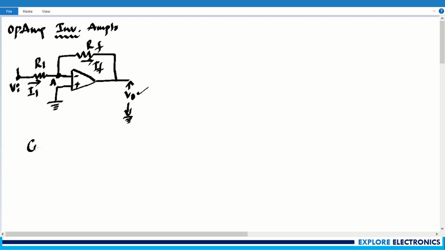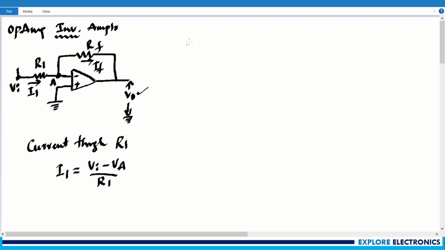So first let me take the current flowing through R1. Current through R1 is I1, which will be equal to Vi minus VA, divided by the resistor value, that is R1.